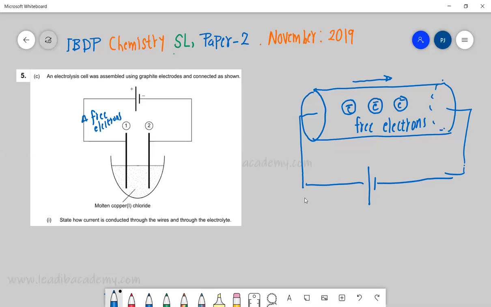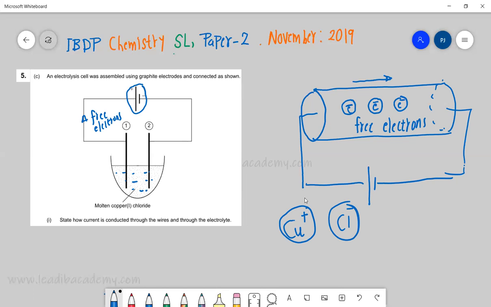Because as per the metallic bonding, there are a lot of free electrons. The metal ions are basically submerged in a sea of free electrons. So those electrons move because of the application of the battery or EMF. But in this solution, there are a lot of free ions, because when we say Cu(I) chloride, there are going to be ions of Cu+ and Cl-.